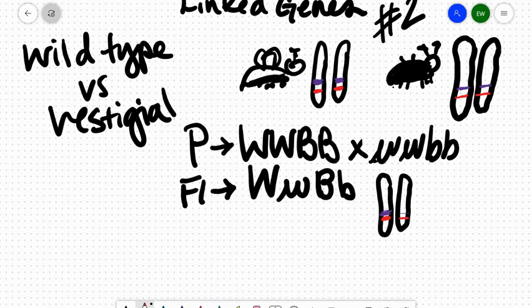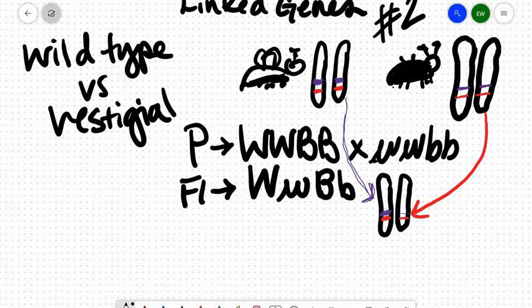This one came from this parent, and this one came from this parent. So because they are linked, those 2 alleles for that trait travel together. We aren't seeing an independent assortment.